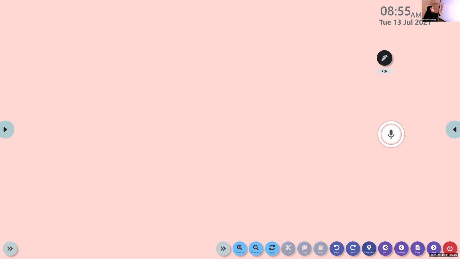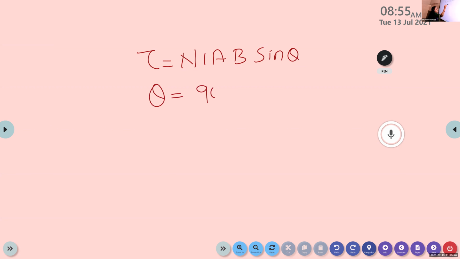So here we get τ = N into IAB sin θ. After the rotation, what happens? The magnetic field and the rectangular coil are mutually perpendicular to each other. So the angle between them, θ, is equal to 90 degrees.